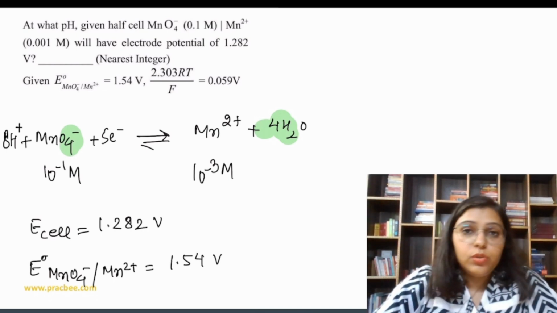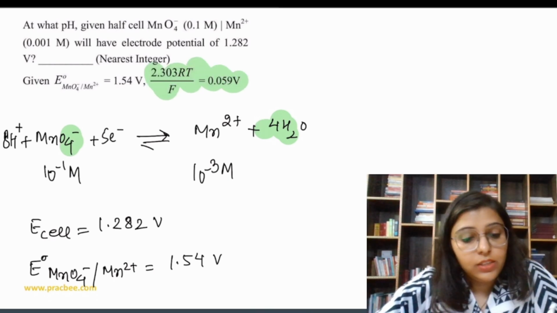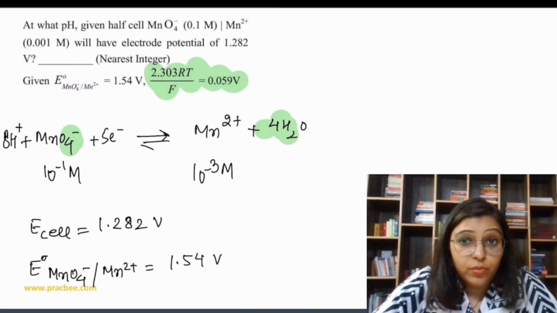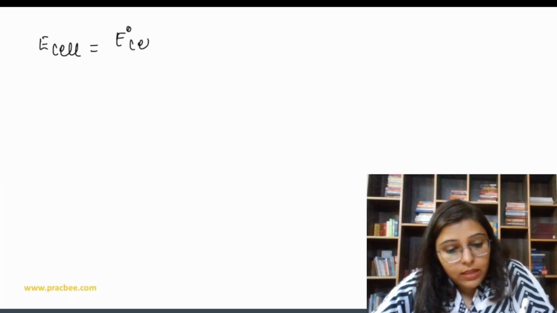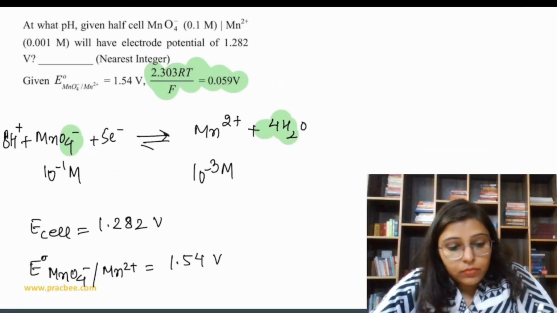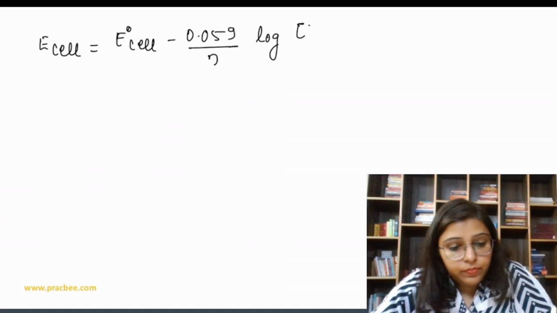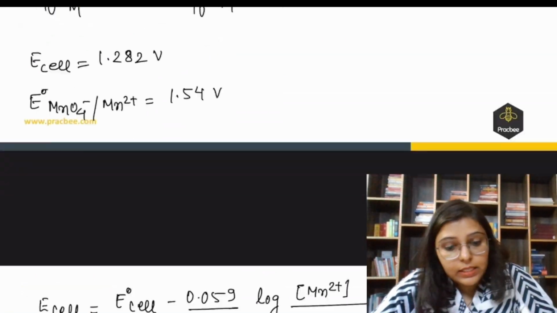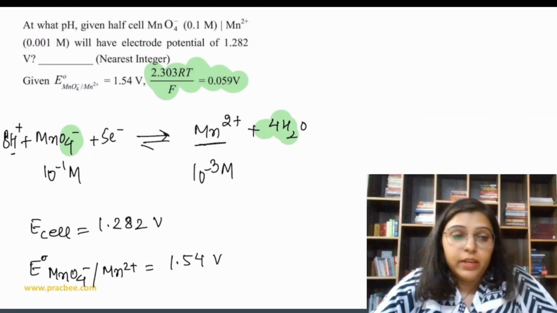And 2.303 RT by F we have to take as 0.059. So let's use the Nernst equation. We have to find the pH. So E cell is equal to E0 cell minus 0.059 upon n log of the concentration of Mn2+, divided by the concentration of MnO4- and then the concentration of H+ to the power 8.